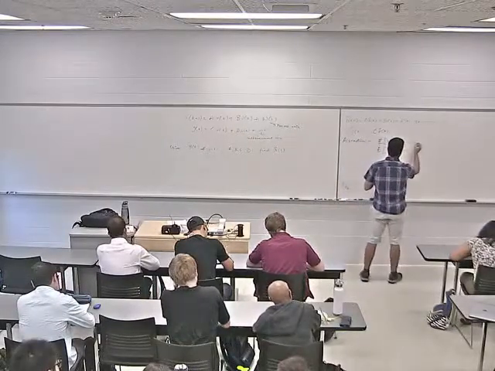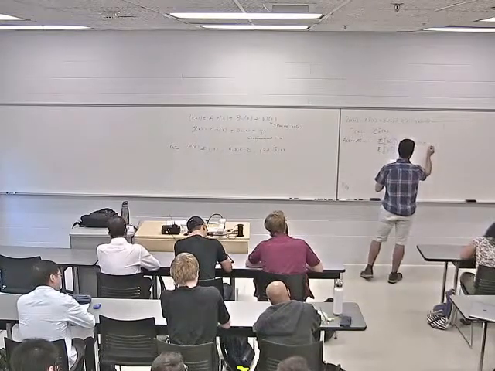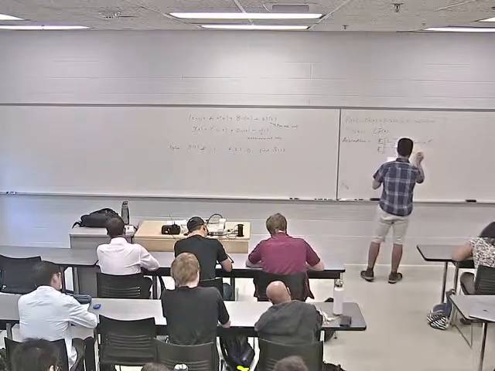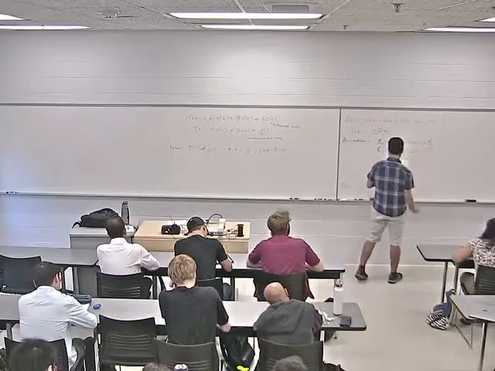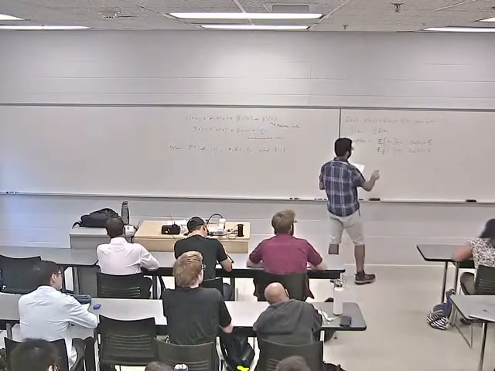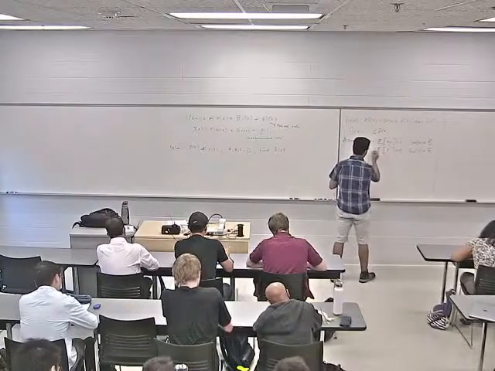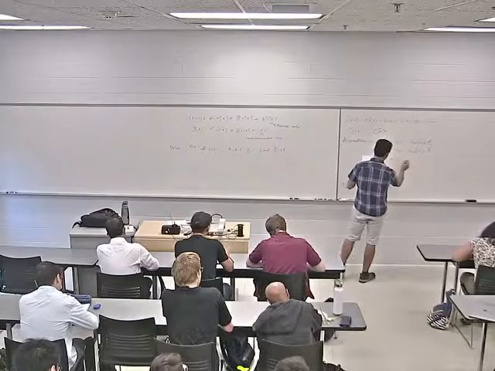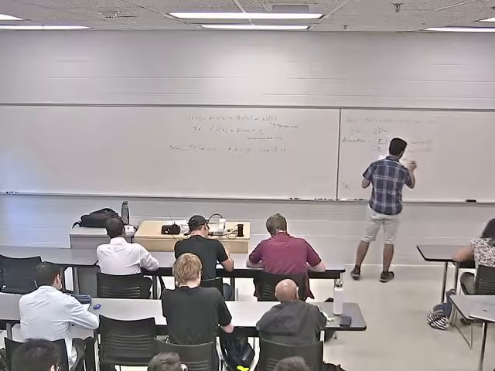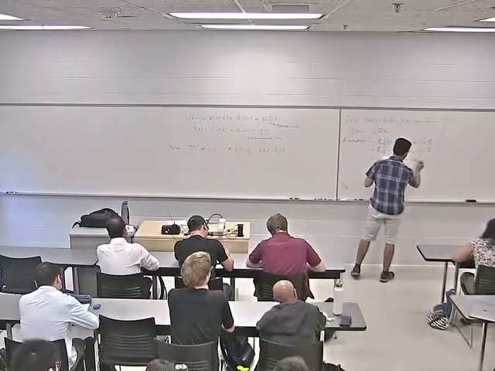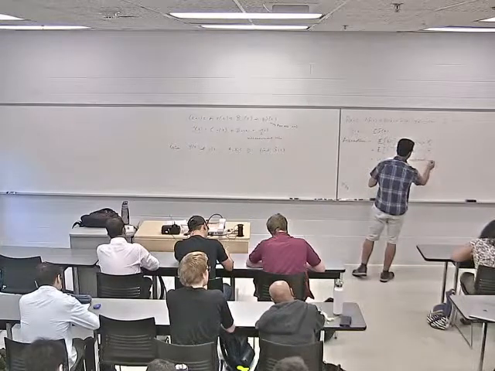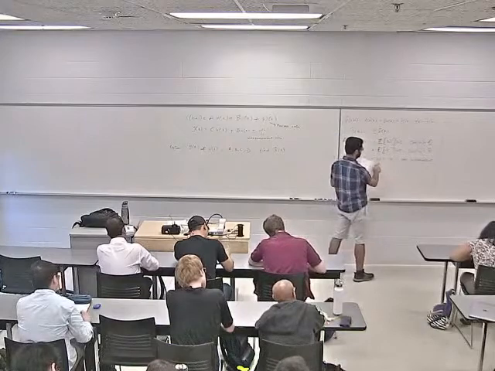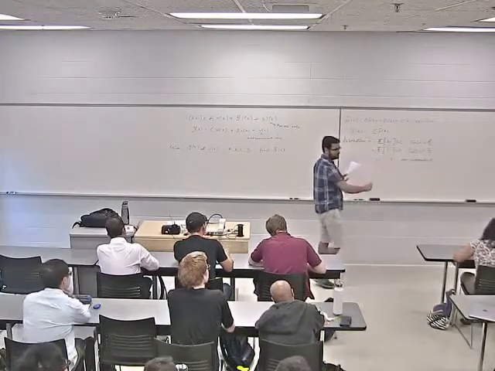The covariance of W is Q, and covariance of V is R. So that's 1, that's 2. W, V, X, U are all independent, which means that the covariance between W and V is going to be 0. Covariance between W and X and all those pairs is going to be 0.